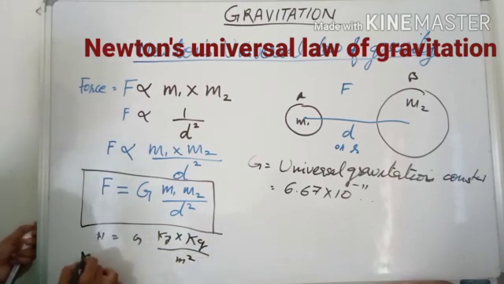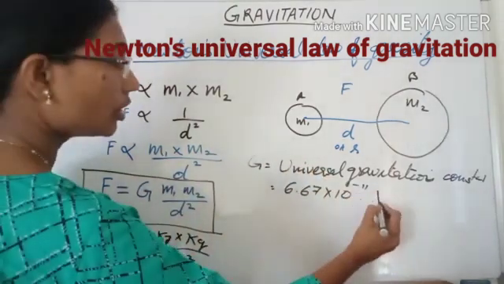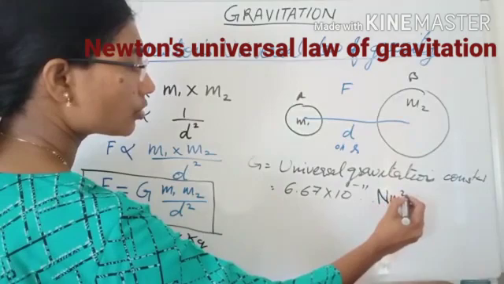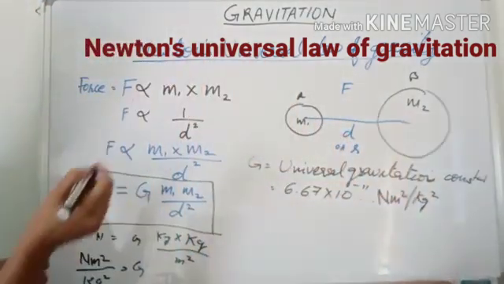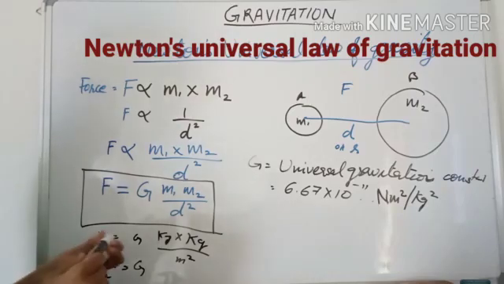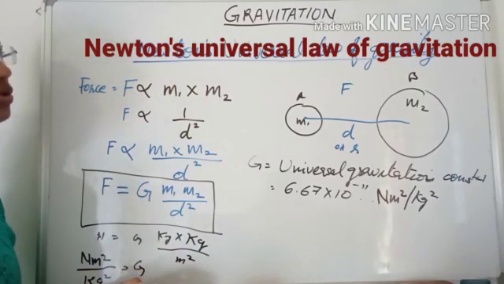This will become Newton meter square divided by kg square, which equals capital G. So the unit is Newton meter square per kg square. So this is Newton's universal law of gravitation.